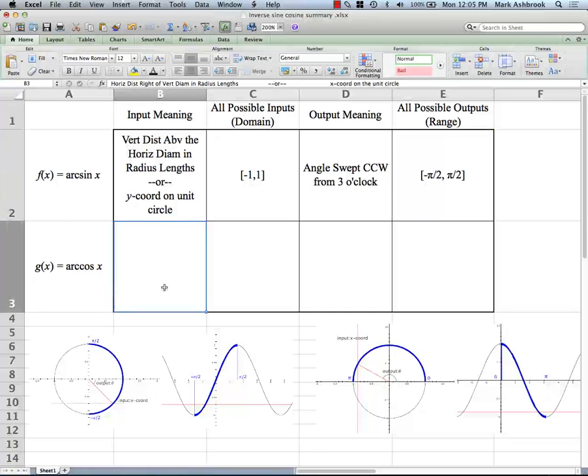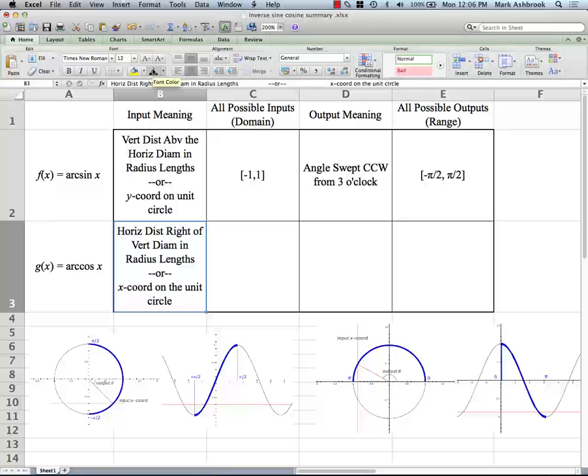Okay, input meaning of arc cosine. Naz. Horizontal distance from that vertical diameter, to the right, in radius lengths. Okay. Or what else could we say it is? Oh, it's the x-coordinate, right? So it could be the x-coordinate or the horizontal distance from the vertical diameter in radius lengths.